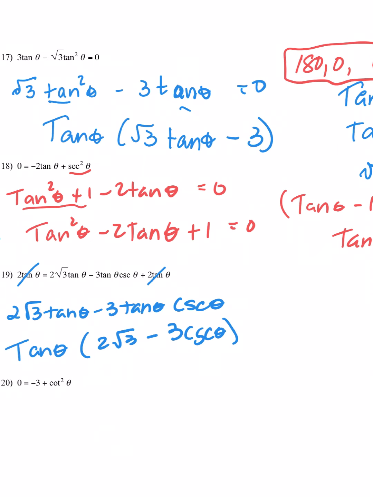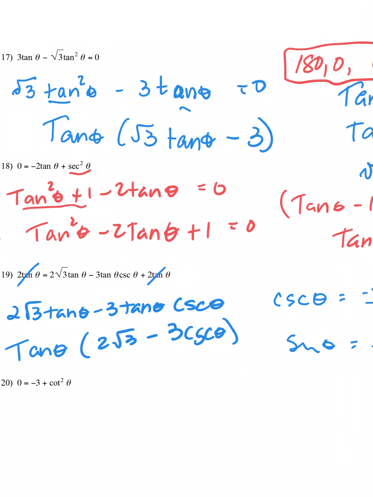So the only answers here is where the cosecant of theta equals negative 2 root 3 over negative 3, which means the sine of theta is root 3 over 2. So it's 60 and 120.